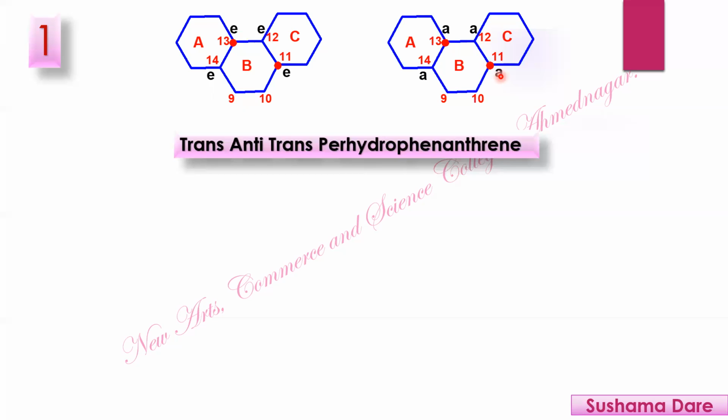Again axial. So all the bonds are axial, and it is a 1,2 fusion. 1,2 axial-axial fusion is disallowed, which we already discussed in trans-decalin, why it does not undergo flipping. So 1,2 AA fusion is not possible.